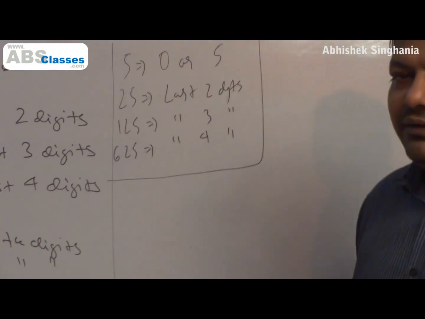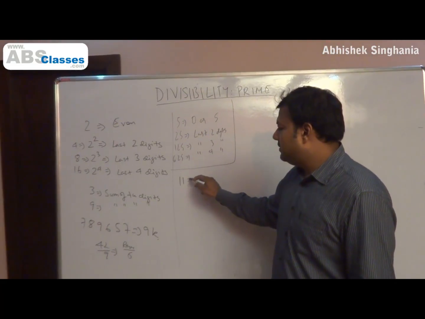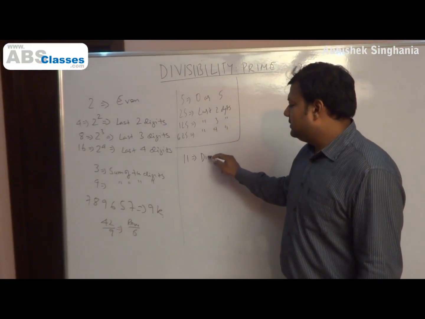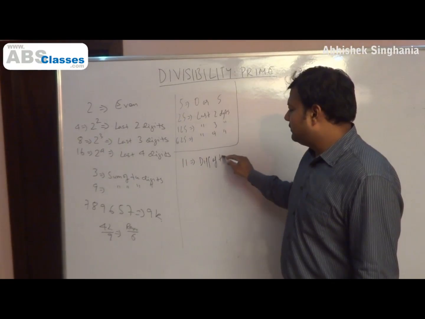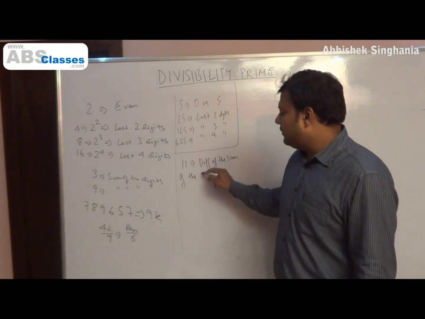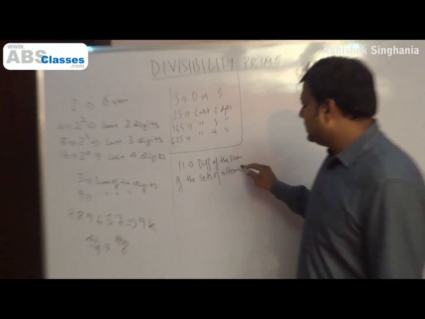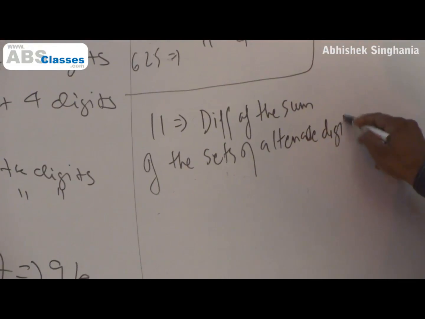We'll skip 7 for a while, so we'll go to 11. Now 11, you have to find the difference of the sums of the sets of alternate digits. The language looks a little confusing, but I'll explain what this means.